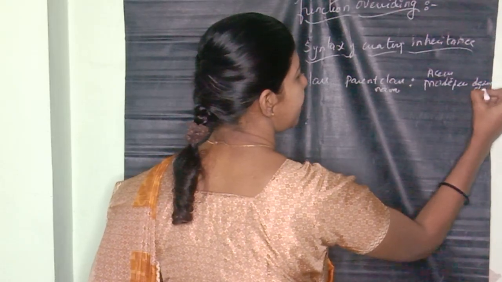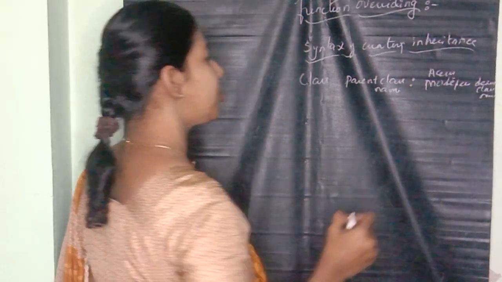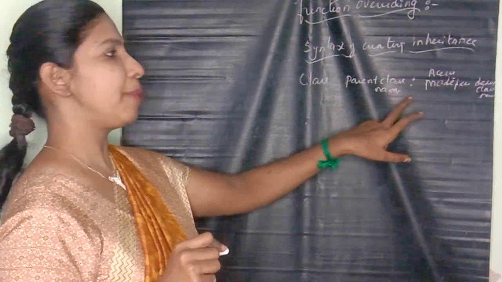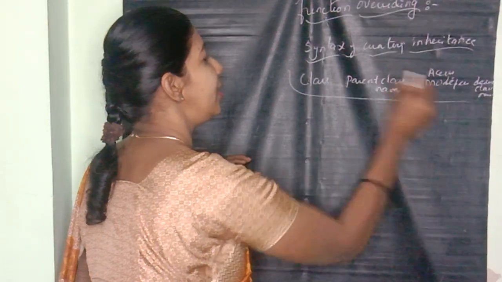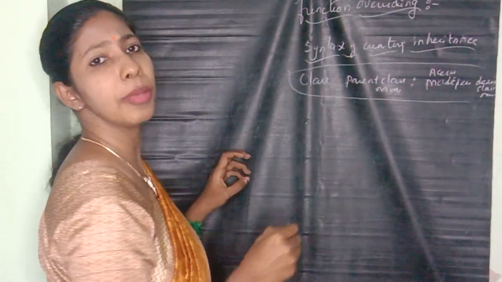That is, class, parent class name, access modifier, derived class name. This is the syntax of creating inheritance.